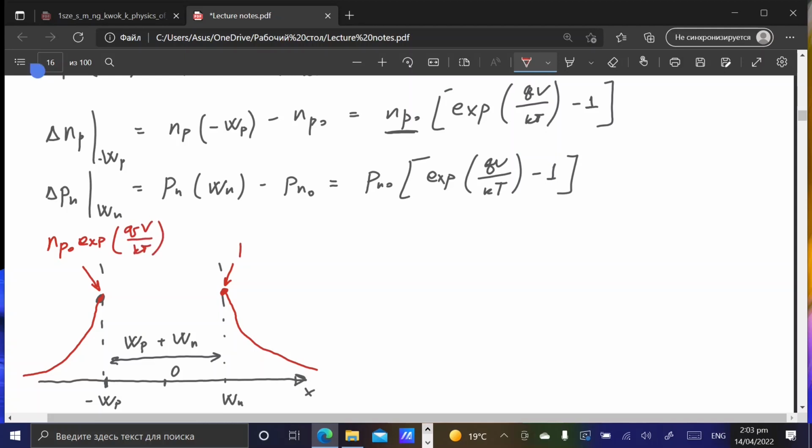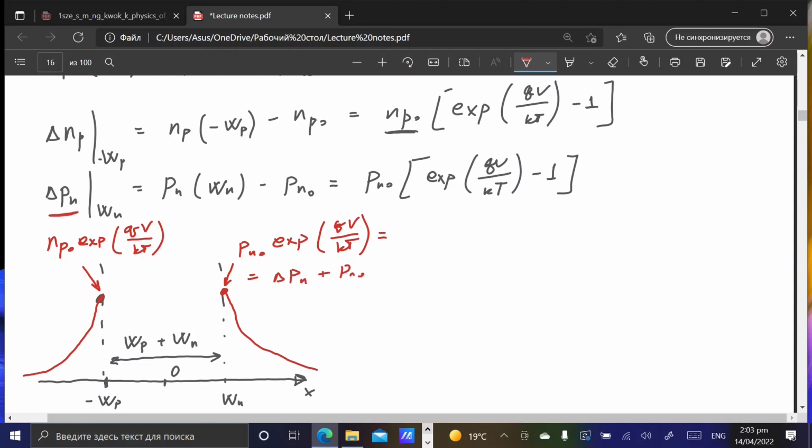Here it's Pn naught times exponent QV divided by KT. And that should be equal to delta Pn plus Pn naught.